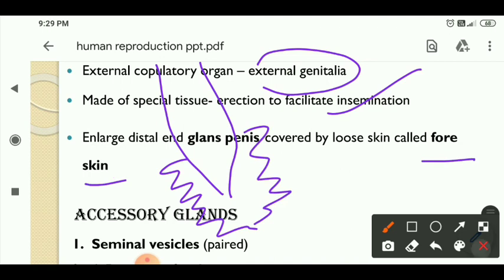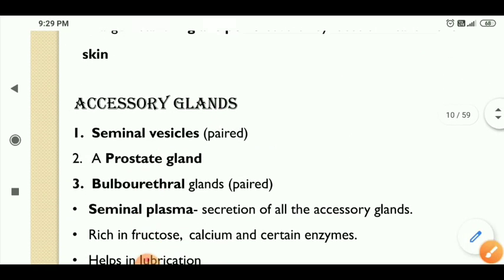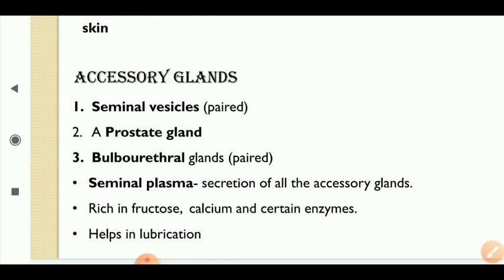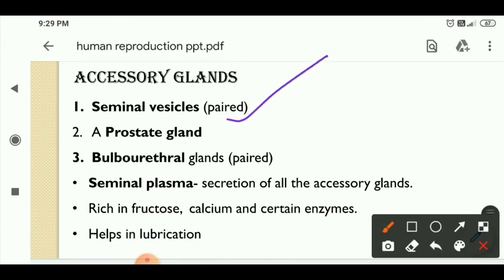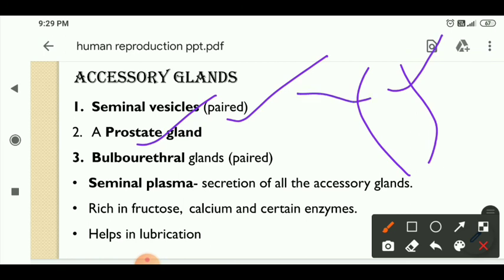Next, what are the accessory glands of the male reproductive system? First is a pair of seminal vesicles, and one prostate gland. This is the ejaculatory duct, then the vas deferens, followed by the seminal vesicle, then the prostate gland, and then the bulbourethral gland, otherwise called Cowper's gland.